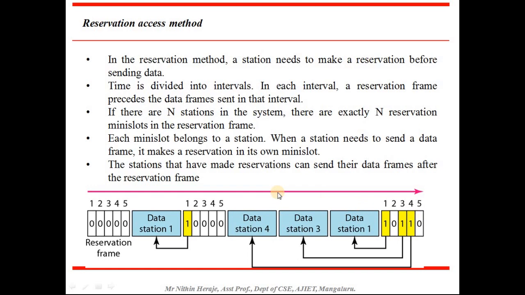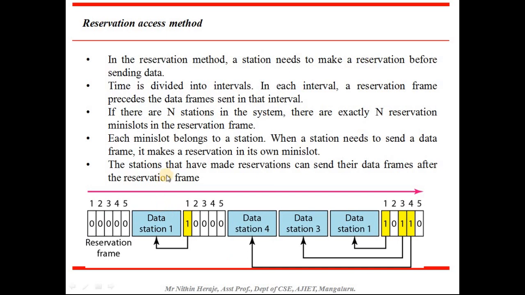After this, you can see one more reservation frame, where the bit for station 1 is set to 1, because only station 1 wants to send data. So here station 1 sends the data, after which you again have a reservation frame where all the bits are 0, which means no station wants to send data.